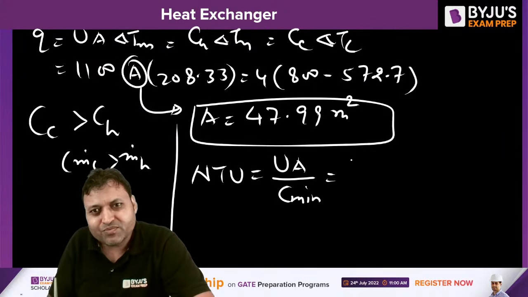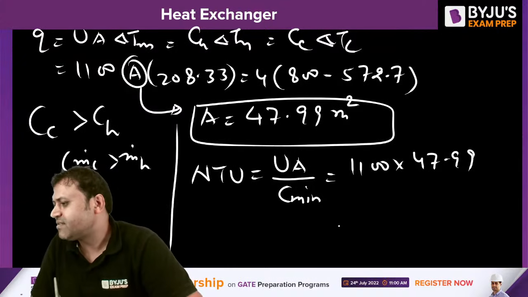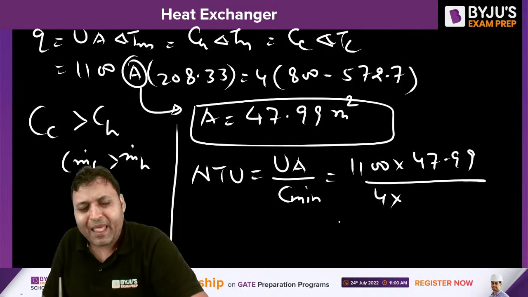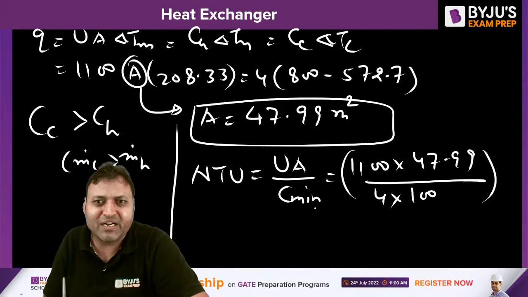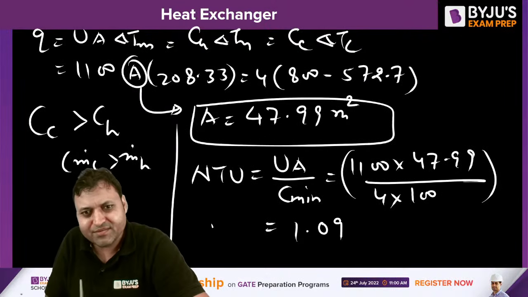So U, that is 1100 into 47.99, upon 4 into 1100. That will give you the NTU. It is a unitless quantity. NTU will come out to be 1.09.